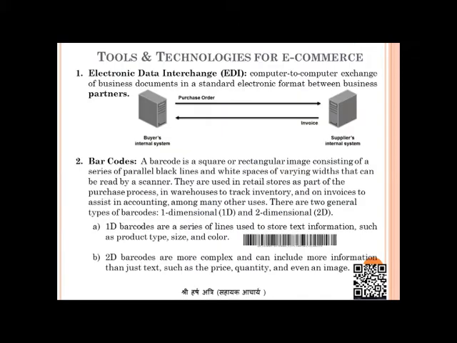Number one is electronic data interchange. It is a computer to computer exchange of business documents in a standard electronic format between business partners. A very simple and basic example is buyer and supplier. They have some standard format. Let me take an example of a car showroom. You need to replace a part of your car.